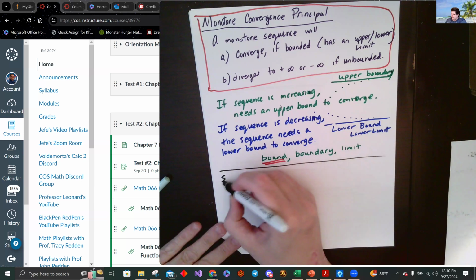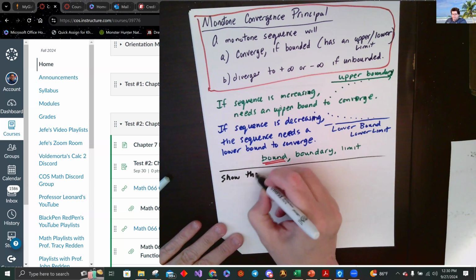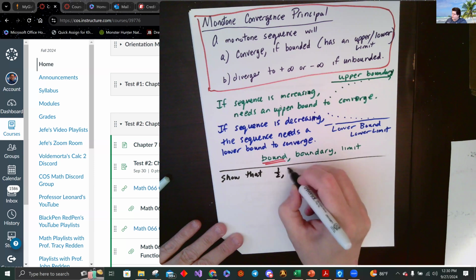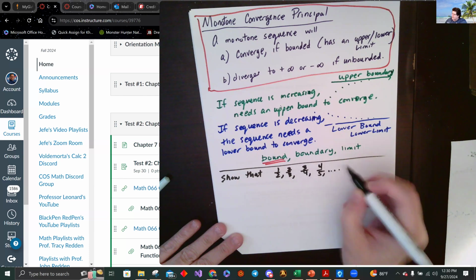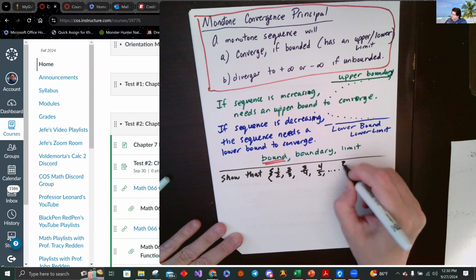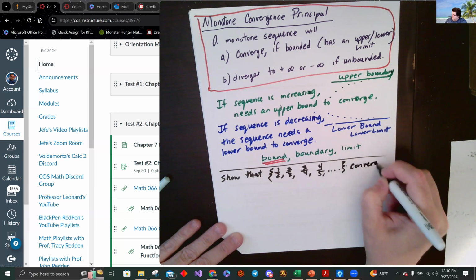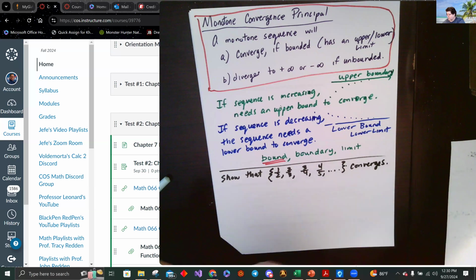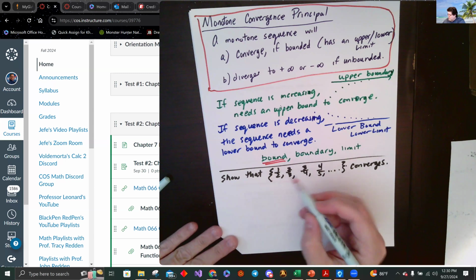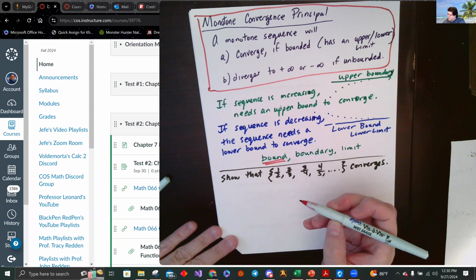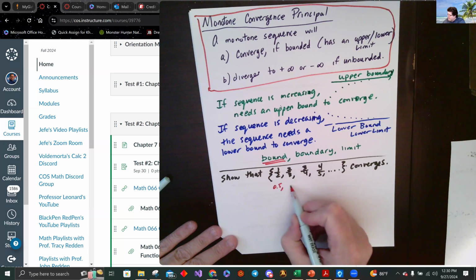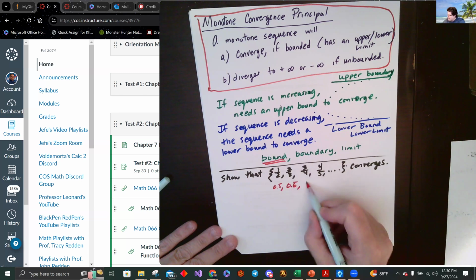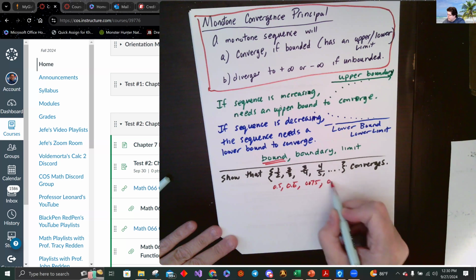Let's show that 1/2, 2/3, 3/4, 4/5, etc. is convergent. Well, this is like 0.5, 0.6 repeating, 0.75, 0.8.